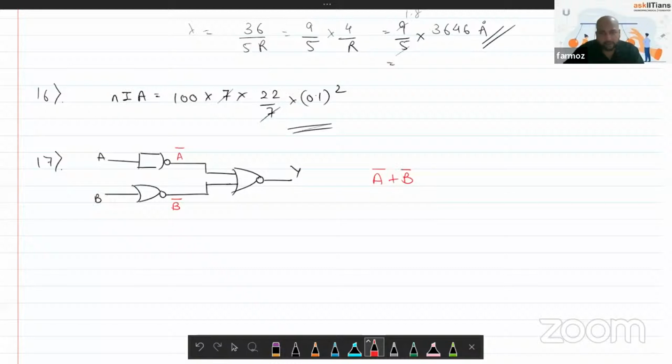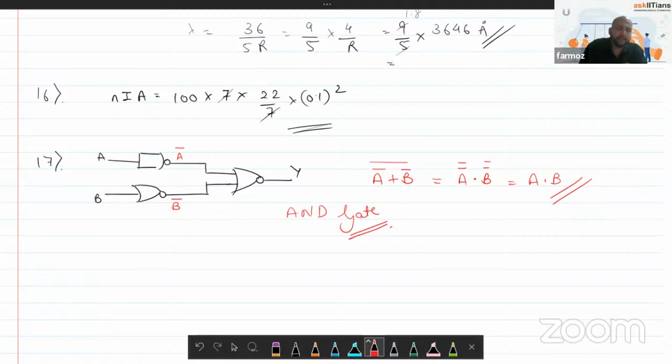So this entire becomes a double bar. If you try to break this bar, this gets converted into A double bar plus becomes a dot, B double bar, and the double bars cancel out each other. So your final answer is A dot B. So your answer will be AND. Clear everyone? So this is that AND.